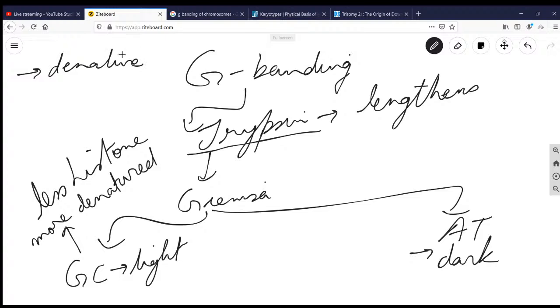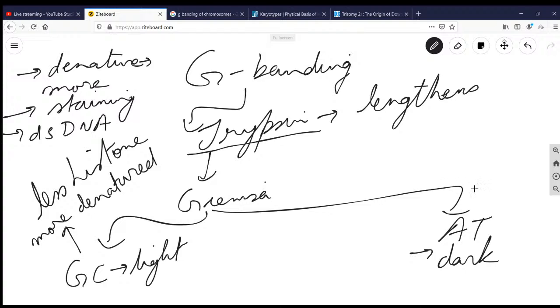Where denaturing is more, the stain would not bind because it is already denatured. It binds to double stranded DNA. Here, more histone is there, so less denaturing of the DNA will happen.